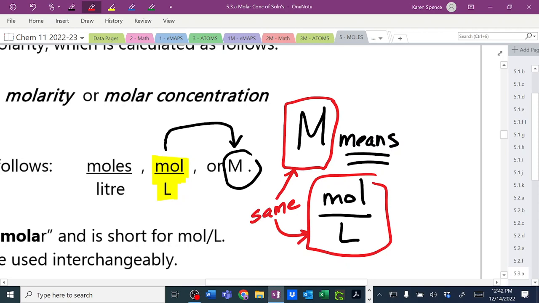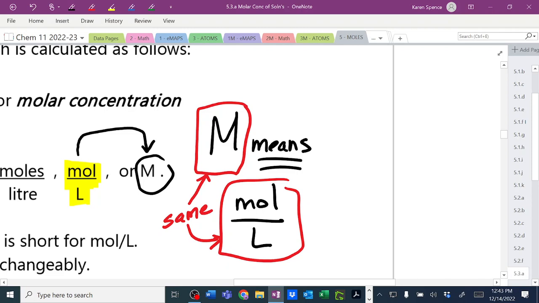Now, the other thing that's a little strange is the way we pronounce this. We pronounce capital M molar, like your tooth.